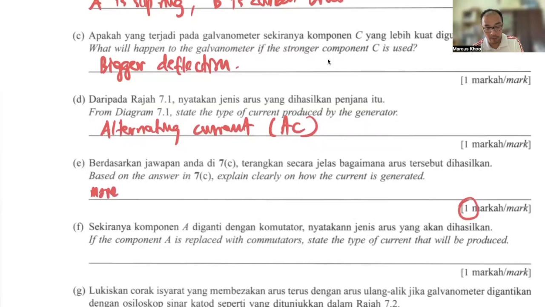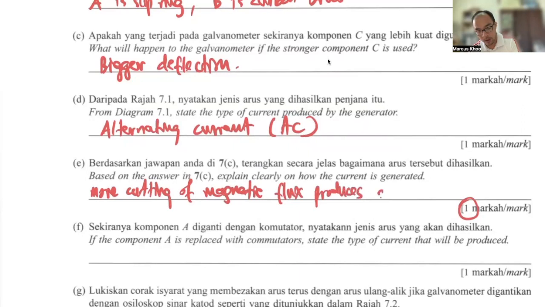So there'll be more cutting of magnetic flux, produces a bigger induced EMF, because C is bigger deflection.